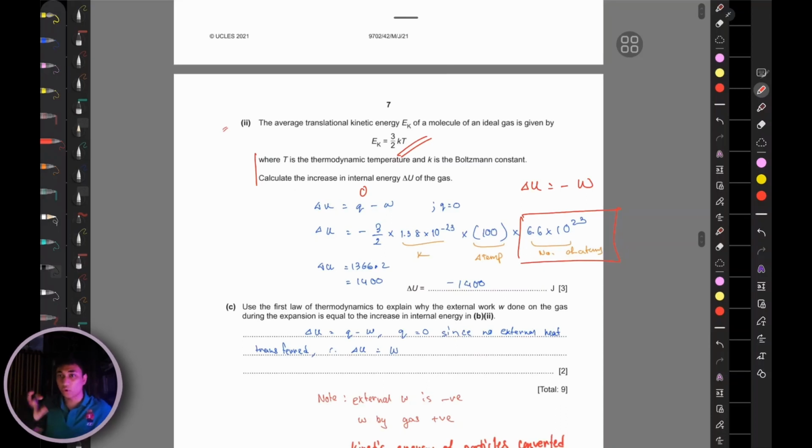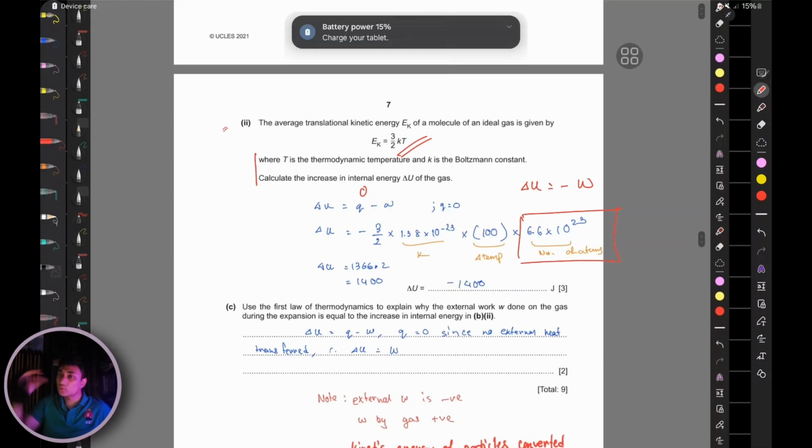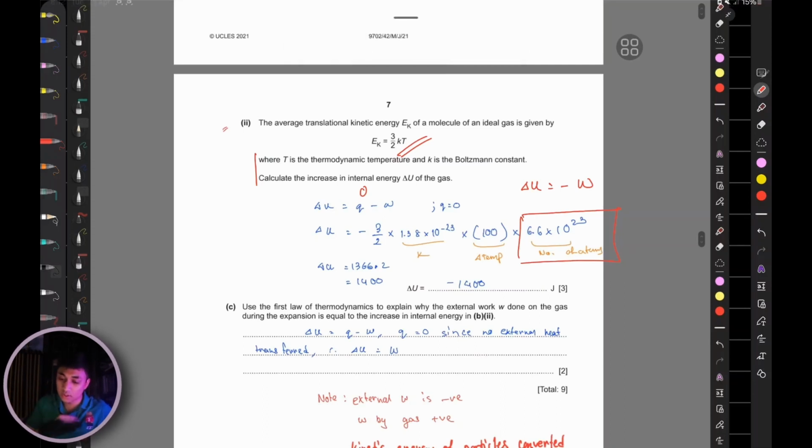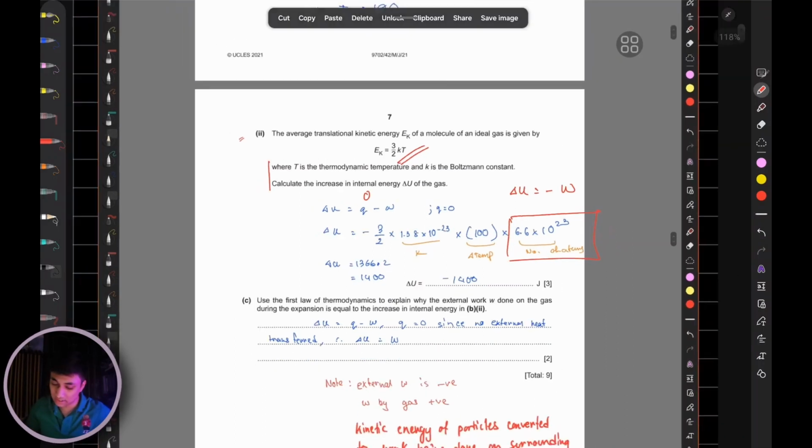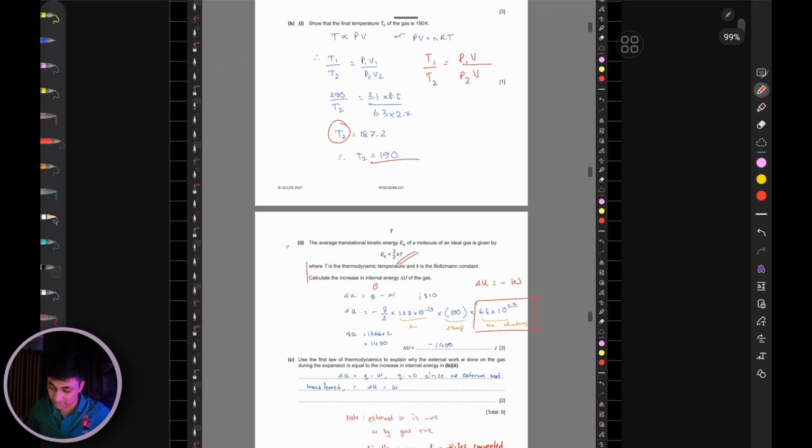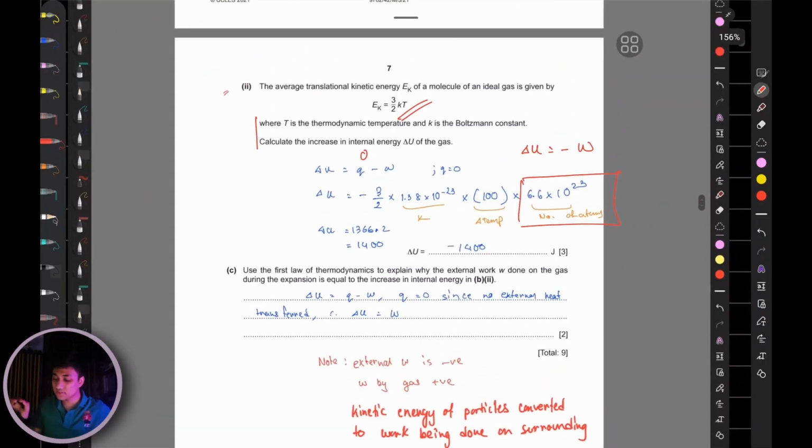Now to deduce the total kinetic energy of the system, you will multiply that with the number of particles in the system. We figured out in part A that the number of particles is actually 6.6 into 10 to the power 23. So multiply this loss of kinetic energy with that, and you're going to find the change in internal energy.